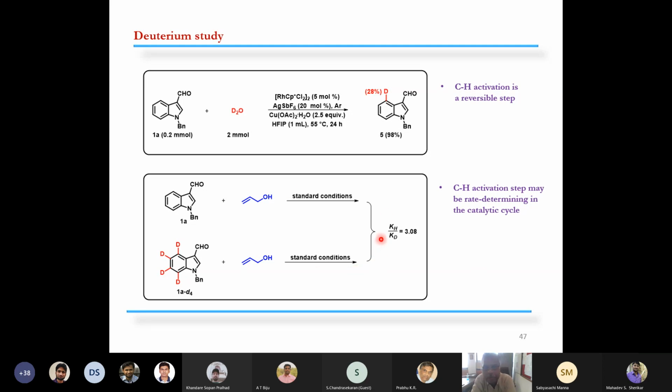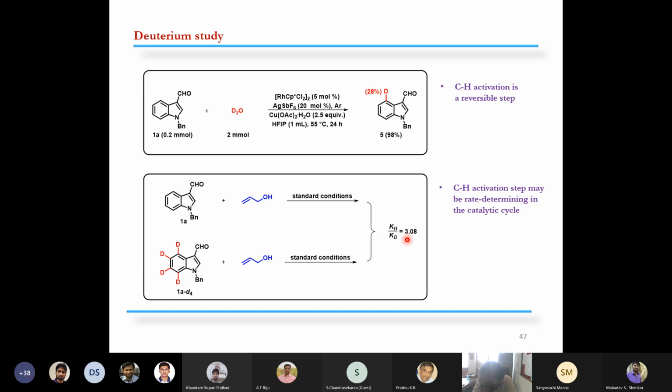Actually, this was suggested by the reviewers. They told us to just do this and try to know whether it is the rate determining step or not. So that's why we did it. But this is not 100% accurate. Because it's somewhere in between the two extremes, I think. Yes, sir.